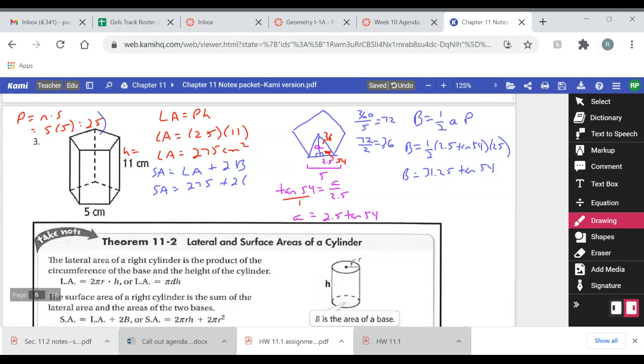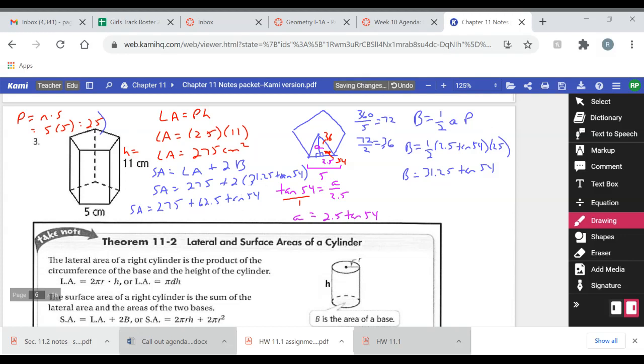So if I take that number and plug it over here into my capital B in my surface area formula, I'm running out of room here, but I'll fit it in there. So that's everything I need. So now if I do 2 times that, since there's 2 bases, 2 times 31.25 is 62.5 tangent 54.